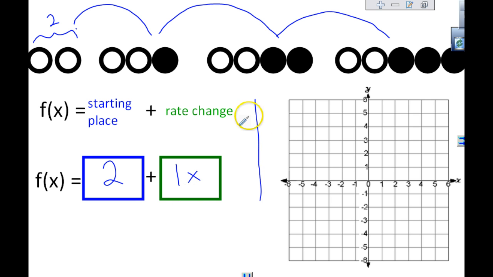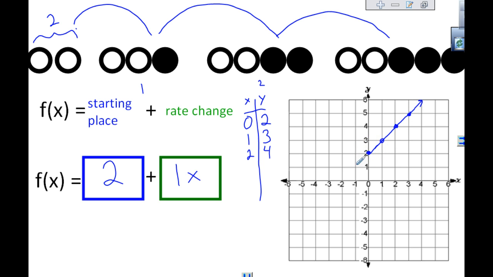If we try to, again, plot this, at the beginning, we begin at 0. There were 2. After the first one, there are now 3. After the second one, there are now 4. And if we went ahead and plotted these, starting at 2, 1 comma 3, 2 comma 4, you can see a pattern.